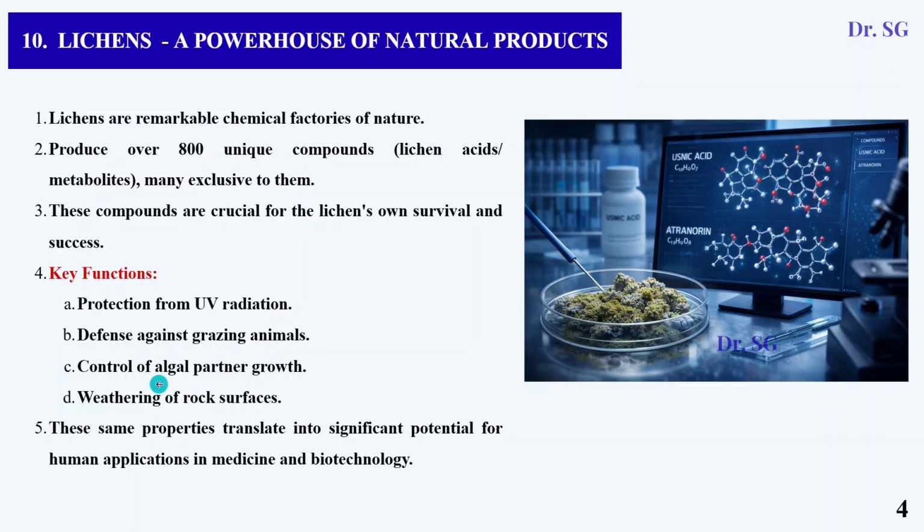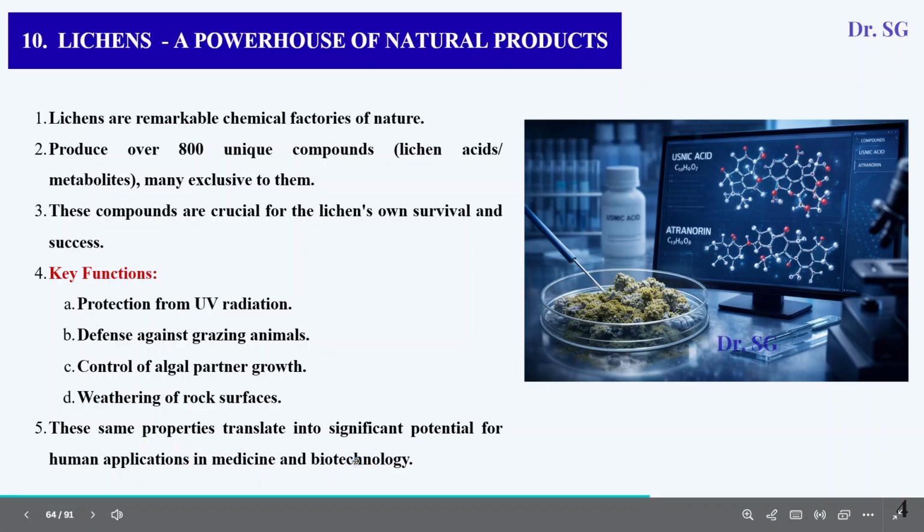And they keep the algal partner in check. They will not grow very excessively. So the growth of the algal partner is kept fixed to certain conditions, and not too much flourishing growth. And weathering of rock surfaces also takes place because of usnic acid and atranorin.